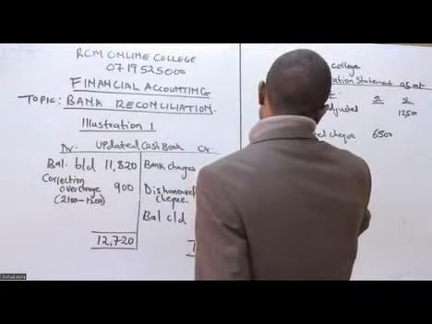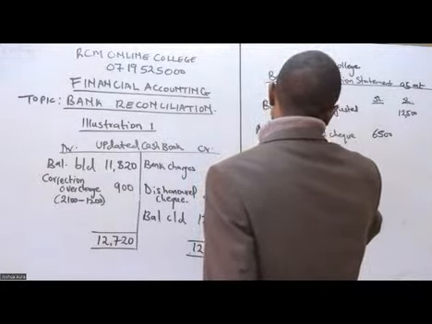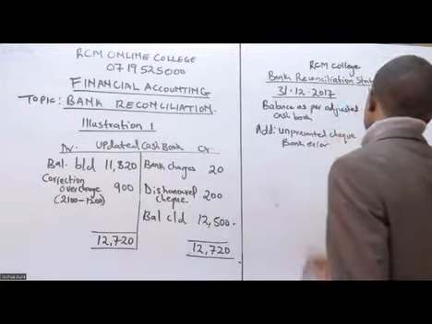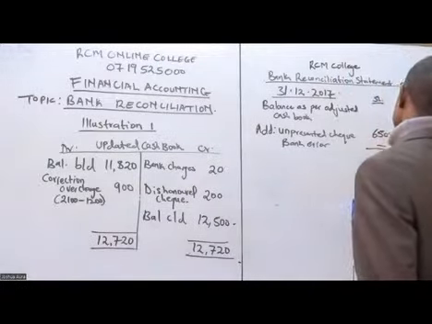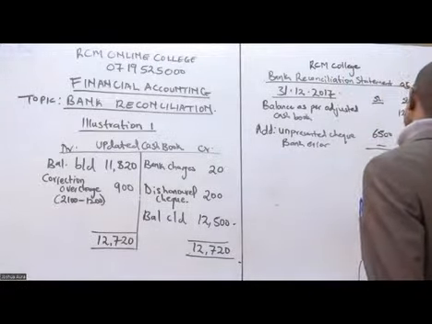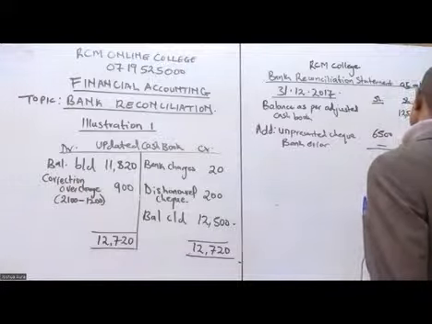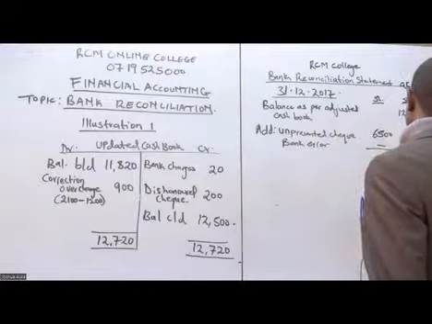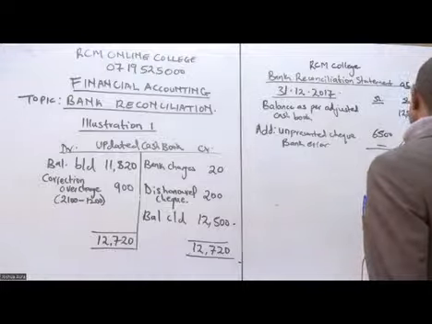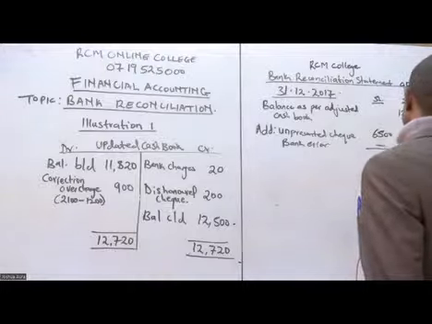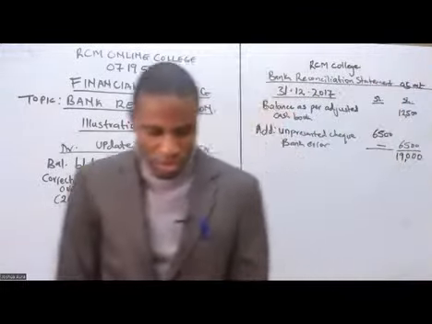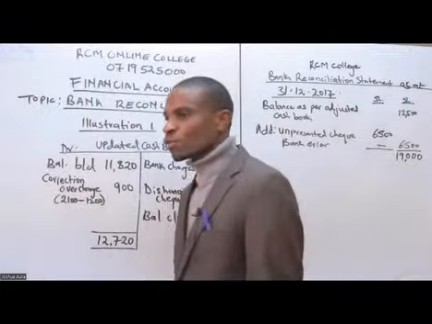If we had a bank error, we could have added it here, but in this case, we don't have. So you just sum up, you get 6,500. When you add the two, I'm getting 19,000.